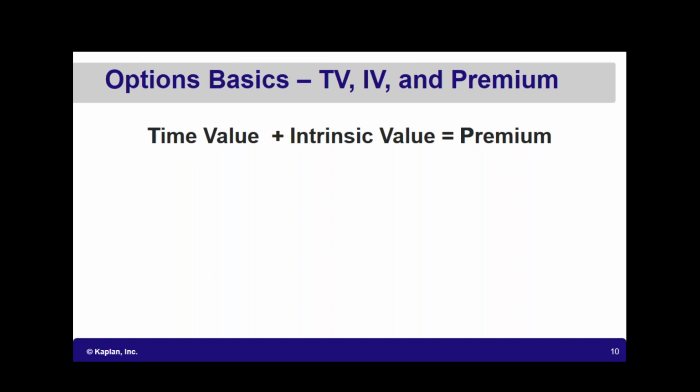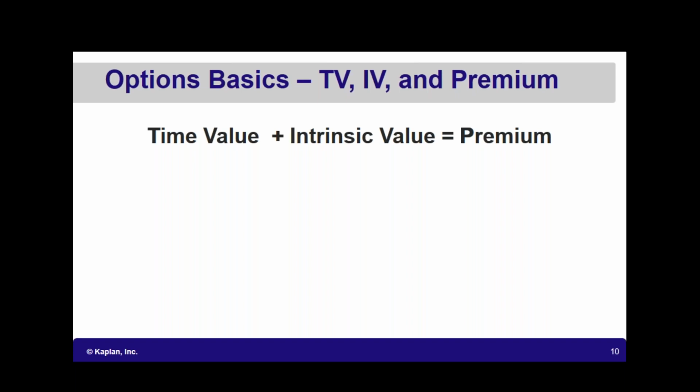You won't have to calculate the time value. You can derive the time value, but you won't need to calculate it. The reason is that it's a challenging calculation, but you can determine the time value given additional information.